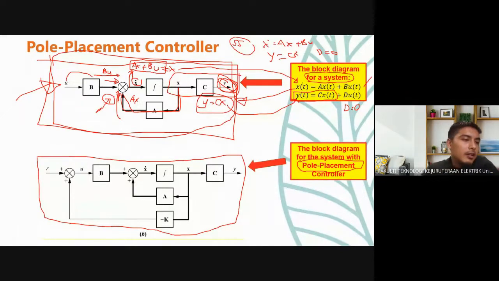Okay. I would like to ask, where is the participant? I would like to ask Ahmad Aiman bin Ahmad Asri. Okay, what is the difference between figure A and figure B? Can you tell me what is the difference between figure A and figure B?